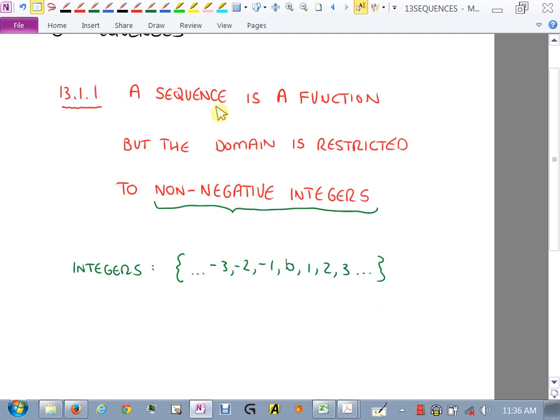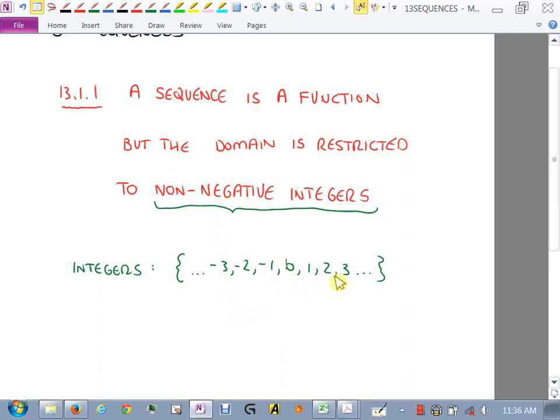A sequence is a function. Remember functions like x squared, right? X squared is a function, but we restrict the domain to only non-negative integers, meaning you are not allowed to plug in certain things into the function. You can only plug in integers that aren't negative. So what are the things that aren't negative? 0, 1, 2, 3, 4.